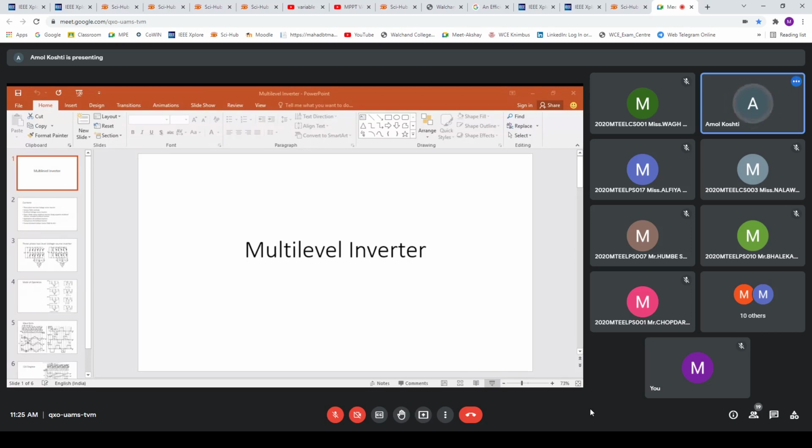The third point is the multi-level voltage source inverter. In that point, we'll study the concept of the multi-level voltage source inverter and what the need is, and what the difference is between the conventional inverter and the multi-level inverter.